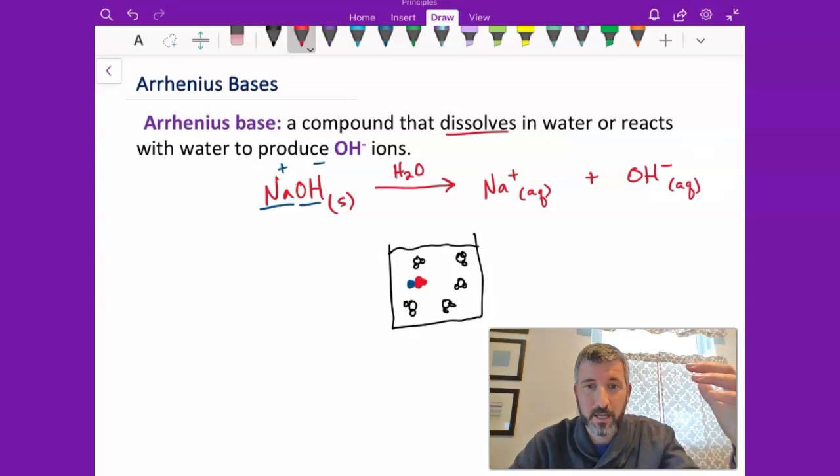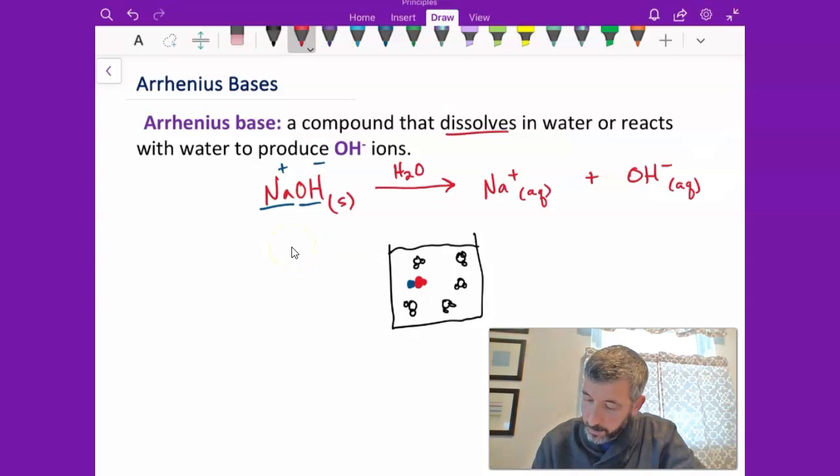And what happens is these water molecules surround the sodium hydroxide and get in between the positive sodium and the negative hydroxide and split them apart. And so what you end up with after a couple of minutes is this hydroxide is now off on its own.